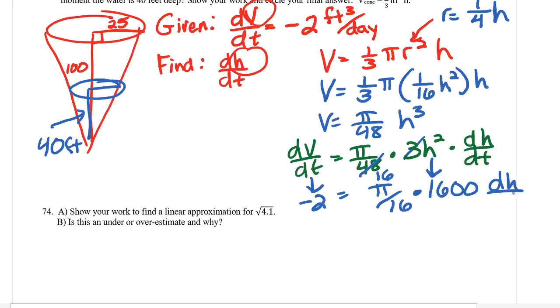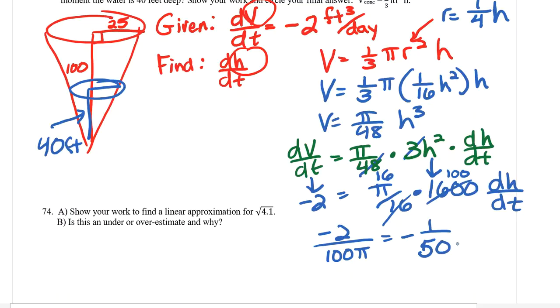And we're looking for the dh/dt. So here the 16 can cancel into the 1600, so we can divide both sides by 100 pi. And I think probably we would write this as 1 over 50 pi. Feet per day would be the change in height with respect to time.